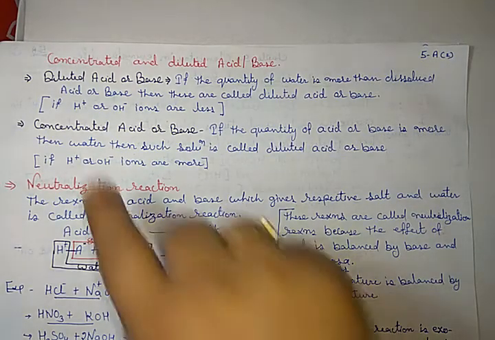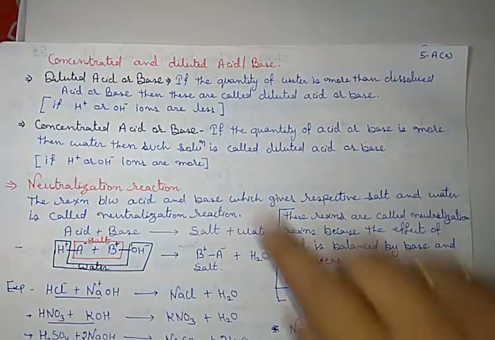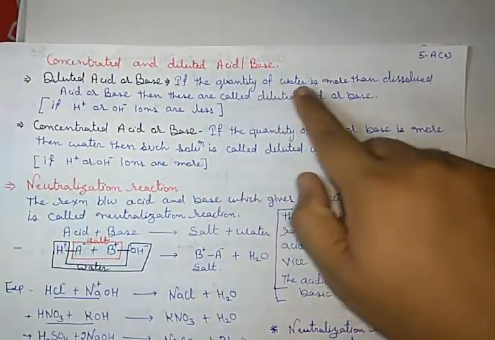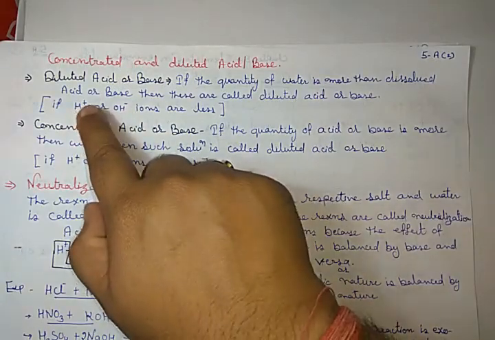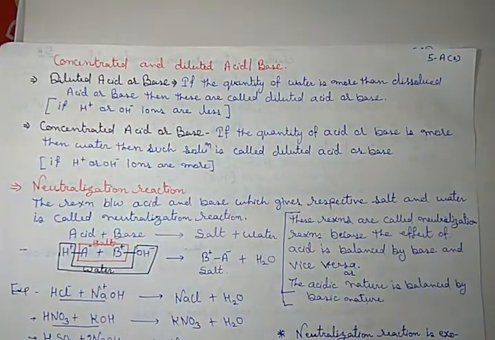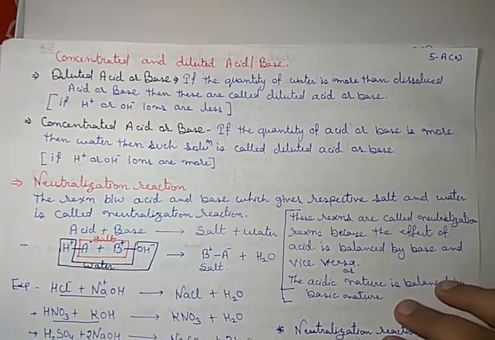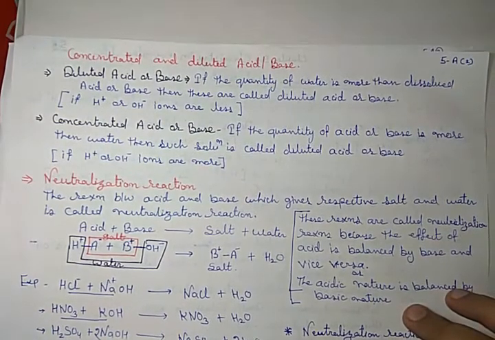Okay, so diluted acids or bases are those where the quantity of water is more than the dissolved acid or base. As we discussed, acids give H+ ion and bases give OH- ion.